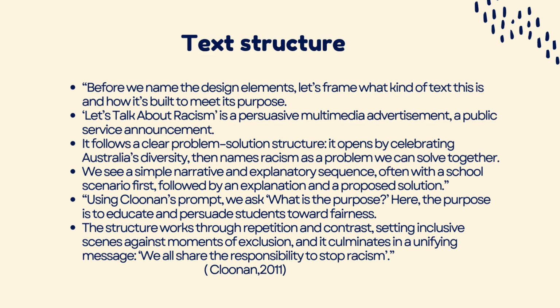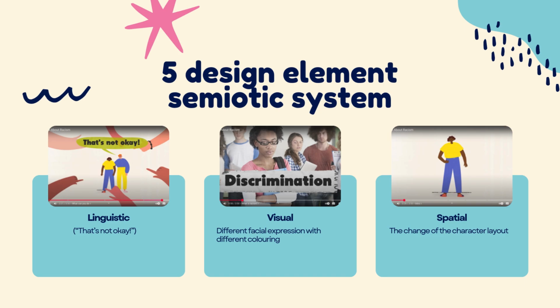We see a simple narrative and explanatory sentence, often with a school scenario first, followed by the explanation and a proposed solution. Using Clunies-Ross's prompt, we ask what is the purpose? Here, the purpose is to educate and persuade students towards fairness. The structure works through repetition and contrast, setting inclusive scenes against moments of exclusion, and it culminates in a unifying message: we all share this responsibility to stop racism.